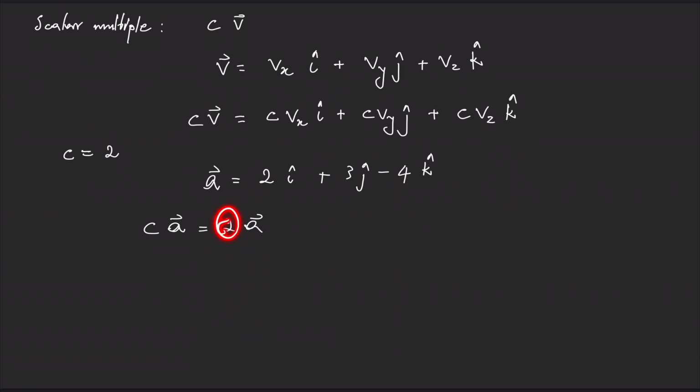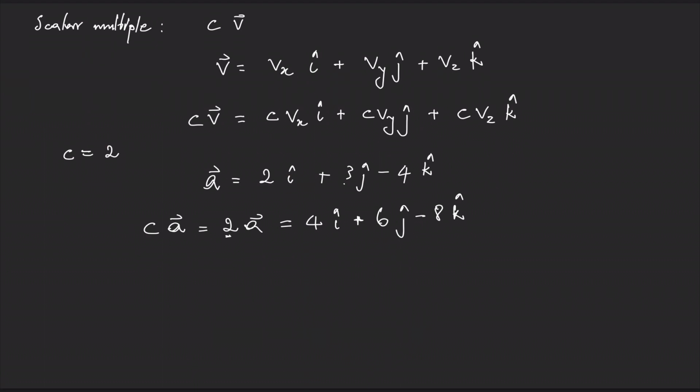What is 2 multiplying the x component? That's going to be 4 i hat. And what is 2 multiplying 3? That's going to be 6. But that 6 is in the j hat direction because it's the y component. And finally, what is 2 multiplying minus 4? That's going to be minus 8. Obviously, this minus 8 is in the k hat direction.